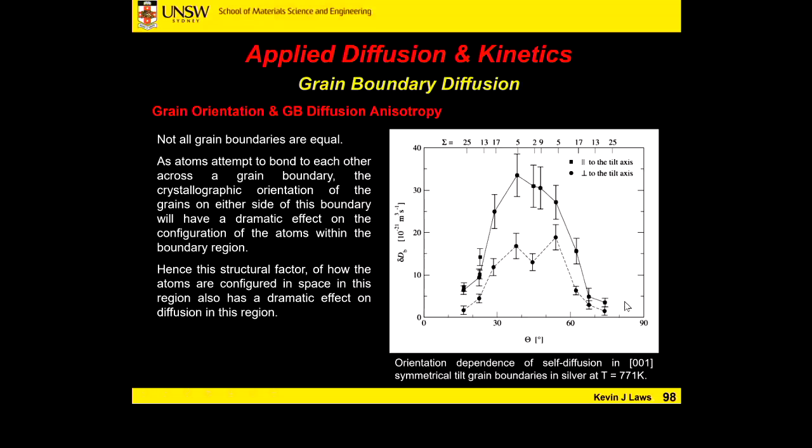So basically what this is indicating, as the misorientation between those two grains increases and decreases, we have an optimal angle at which diffusion is very, very high, and then we move away to less optimal angles where diffusion is very, very low. So again, the orientation of those grains is affecting the grain boundary width, which affects the flux of atoms going through those grain boundaries, and the structure of those atoms within the boundary.